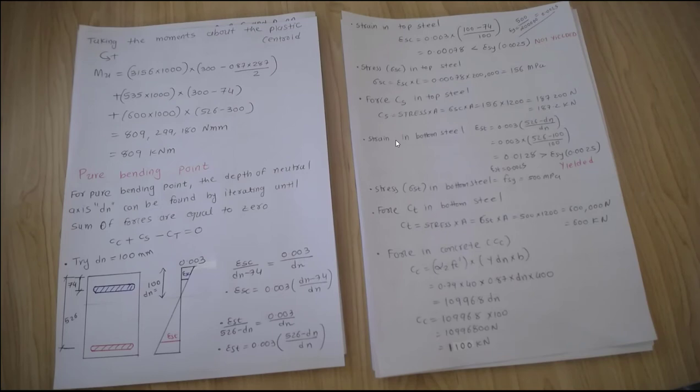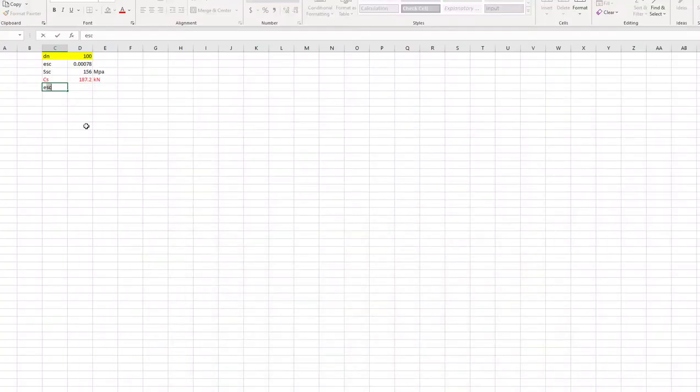Then what was the next step? The next step was to calculate the strain in the bottom steel. So we have this equation, 0.003 times (526 minus dn) over dn. So let's put EST equal to 0.003 times 526, take away dn, divided by dn. That gives me 0.01278. Let's check.